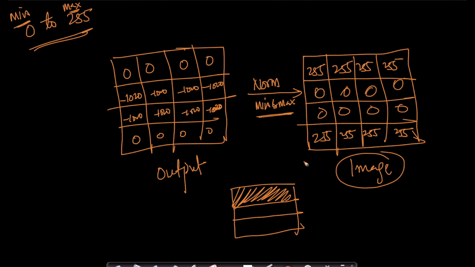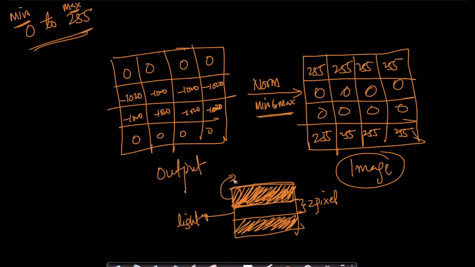So this area will be light looking, this area will be dark. So what you get here literally is a region that is only 2 pixels wide, literally 2 pixels width area, which is light color or white in color, and this is dark.